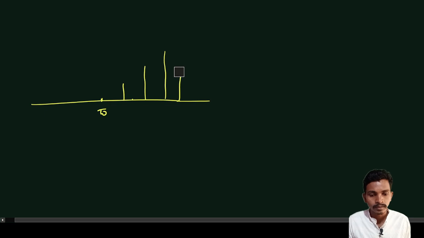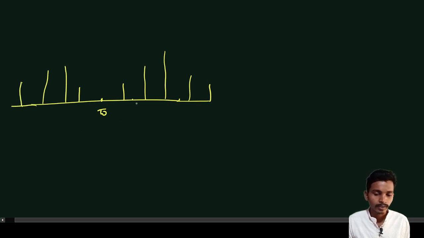These are R0, R1, R2, R3, R4, and this is P1, P2, P3.